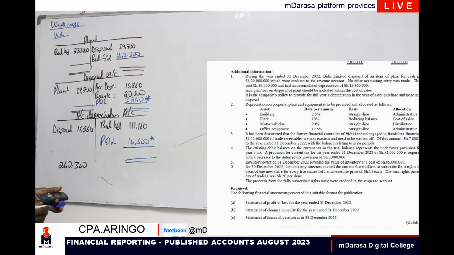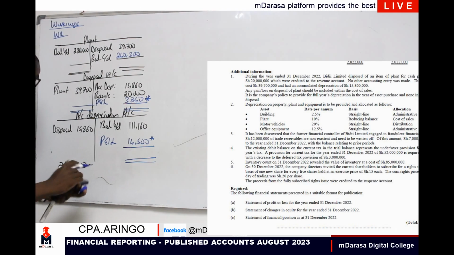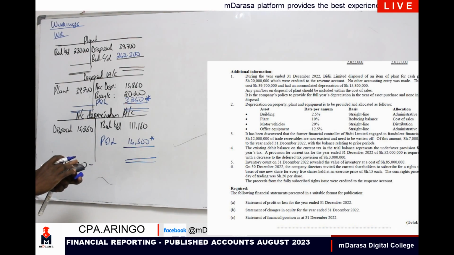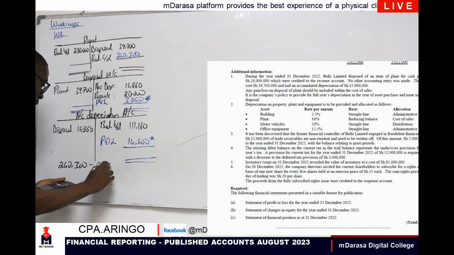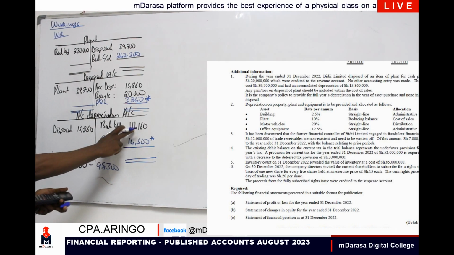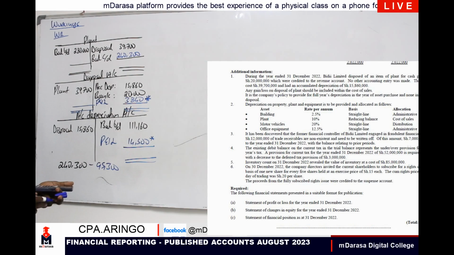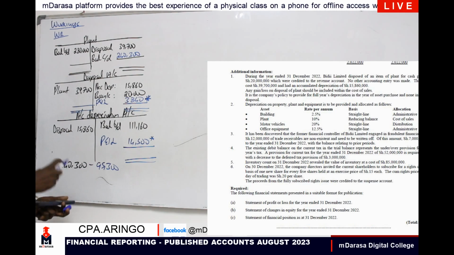Because we're taking it to 240,300, of course, we have deducted the value of 95,300, taking 111,160 minus 15,860. So having that, can you now determine our balance carried down?